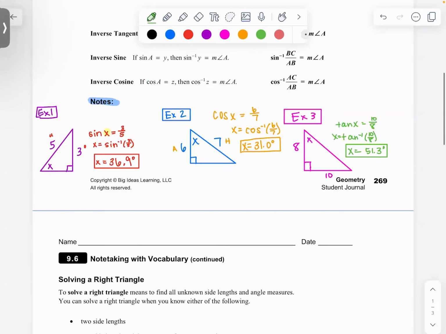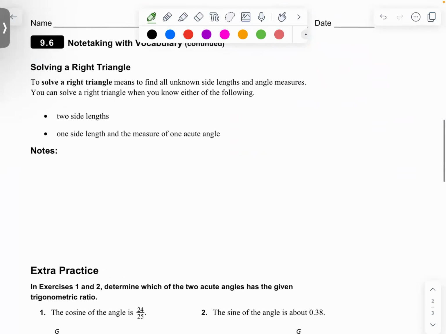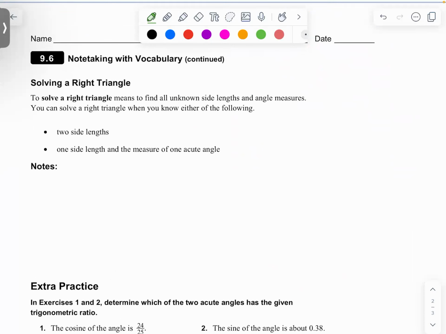Okay, so I'm gonna have you turn to the next page. Okay, so I could give you one of 2 things. I could give you 2 side lengths and you have to find everything else. Or I could give you an acute angle and a side length and you have to find everything else, okay?